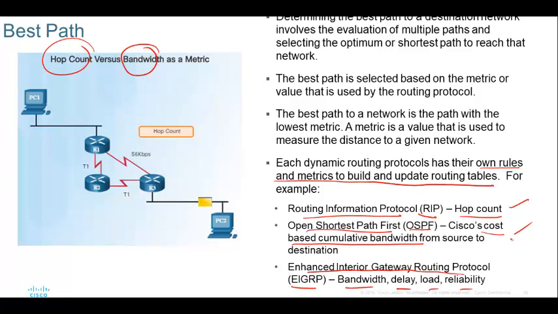Now let us try to understand the difference between the routing protocol that uses bandwidth as a metric and the routing protocol that uses hop count as a metric. You see, what is the bandwidth here? Just 256 KB. You know what is the bandwidth here? It is 1500 KB.